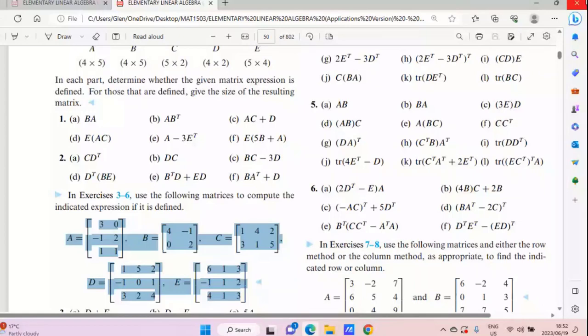A times C. A is a 3 by 2, and then C is a 2 by 3, which gives us a 3 by 3. And then DT is a 3 by 3 matrix. Are you sure, Lerato?